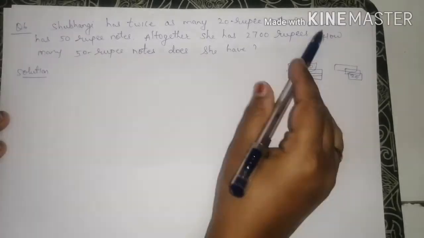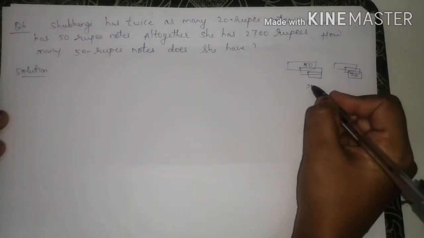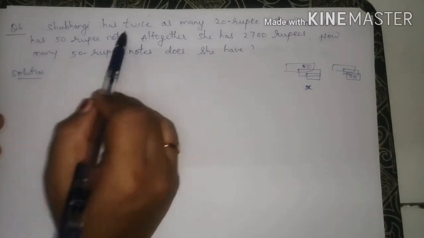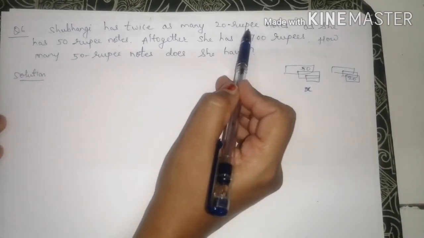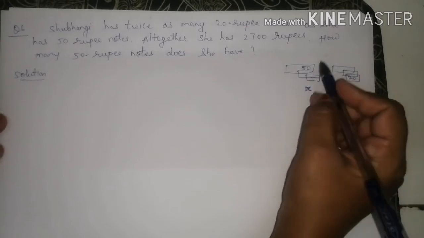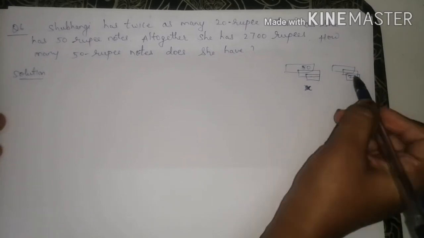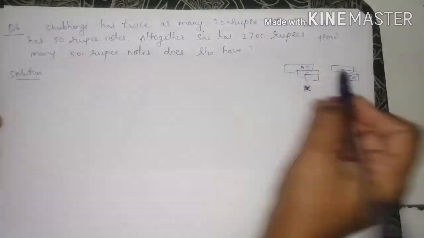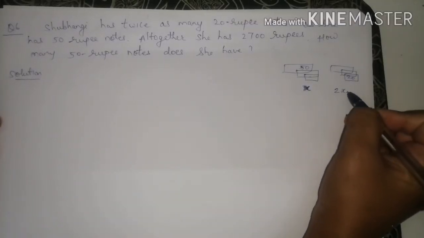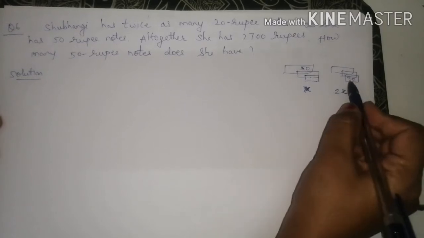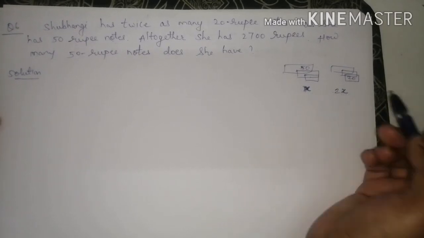So 50 rupees notes we will assume as X, because we don't know how many 50 rupees notes she has. She has twice as many 20 rupees notes. So for 50 rupees notes we are taking X, and 20 rupees notes she has twice that of 50, so this will be 2X.